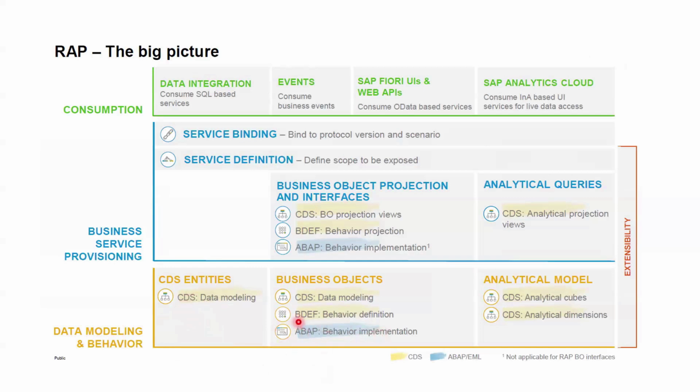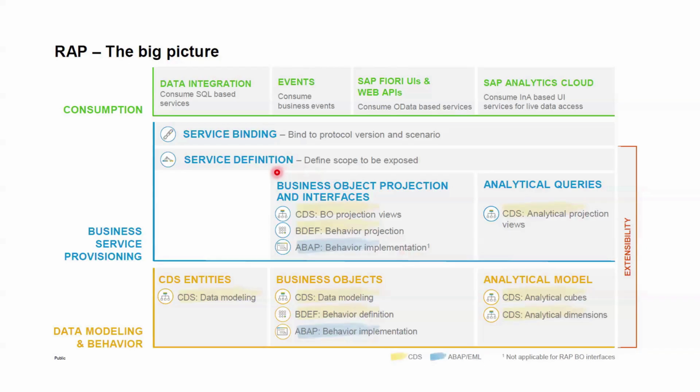And then if you want to enable the transactional capabilities, you use business objects, which is nothing but the behavior definition, and then you give the transactional capabilities. Projections are something which you give for the UI behavior. Where you want role-based UI behavior, you can give it with the projection views. Finally, you consume the view in the service definition.